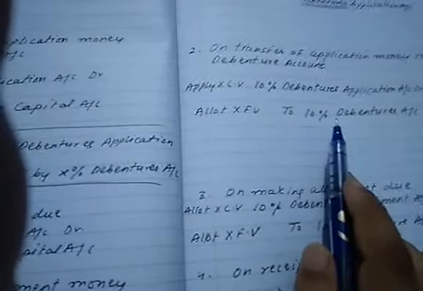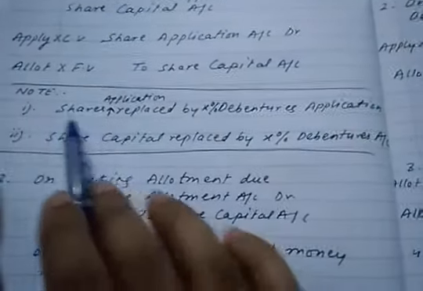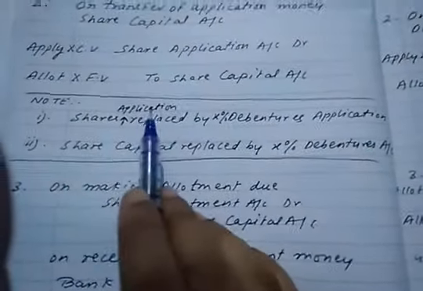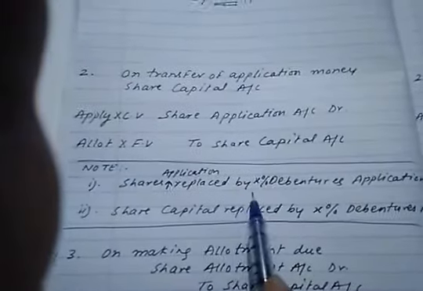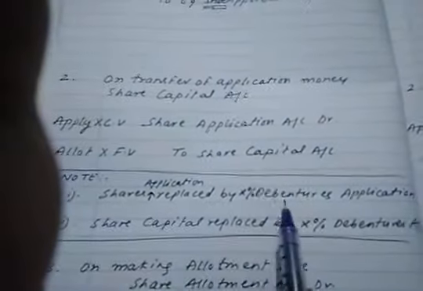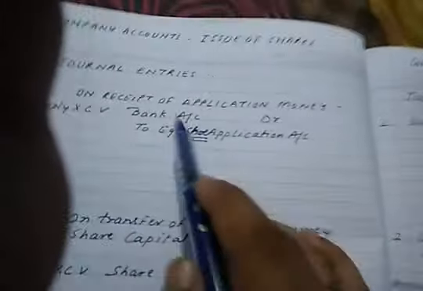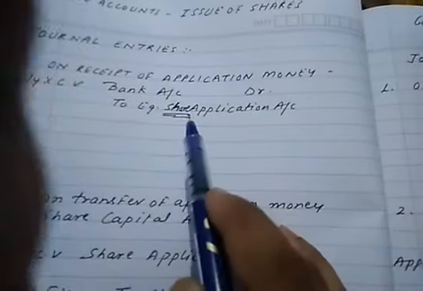As a note, I have written here, note 1: share application is replaced by X% debenture application. This is share application in the very first journal entry.